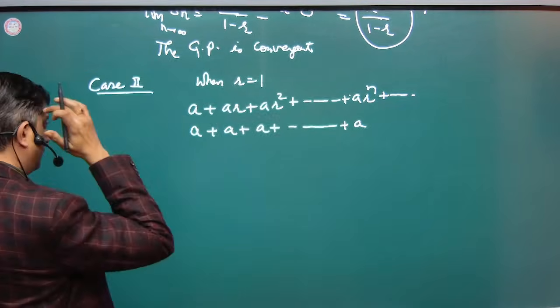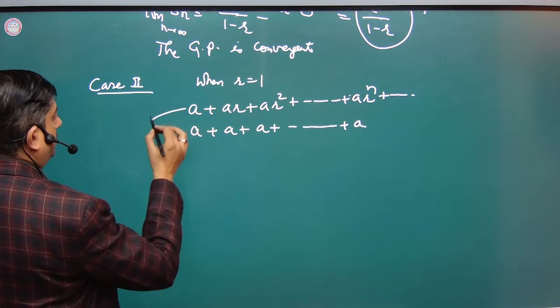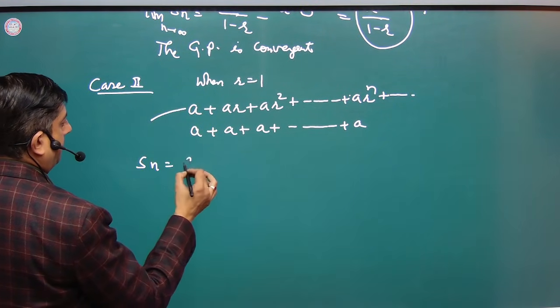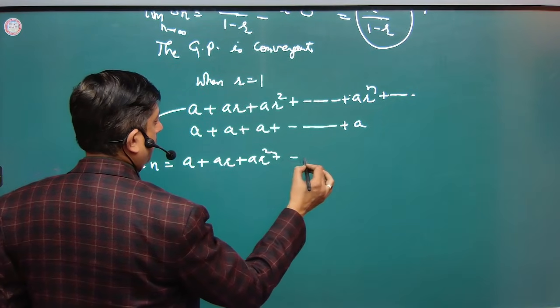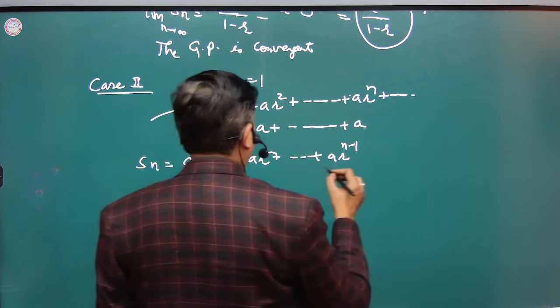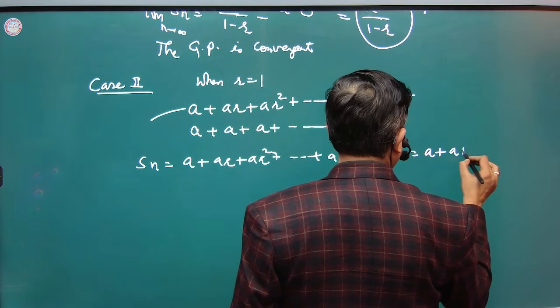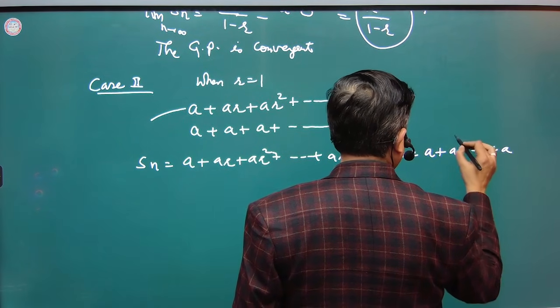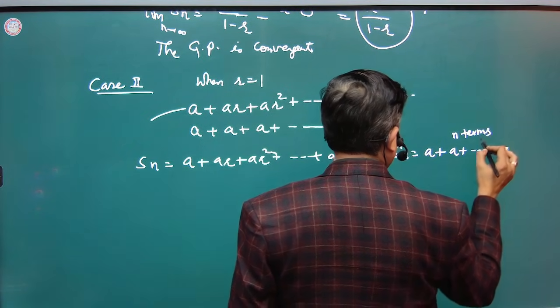And the sum of first n terms. So what is the value of Sn? When r is 1, then this Sn is what? And which terms? n terms. So what is the value?